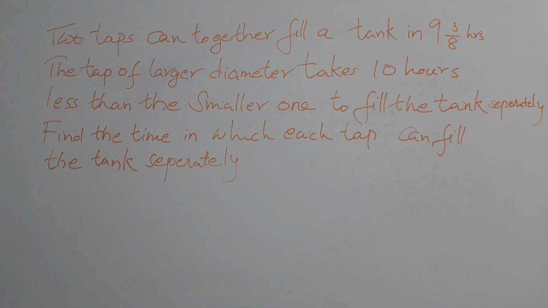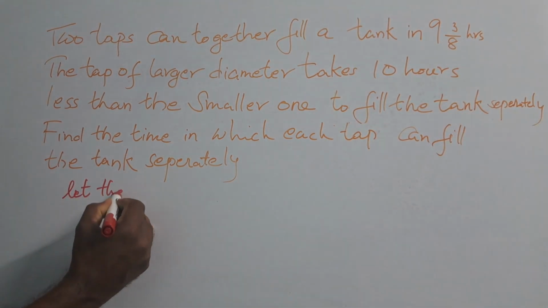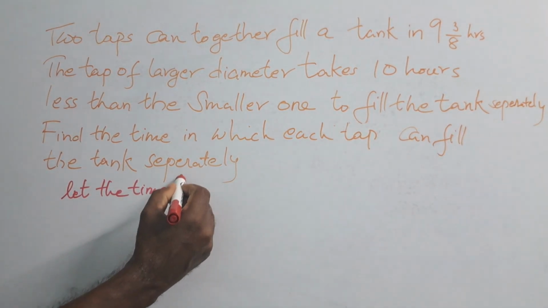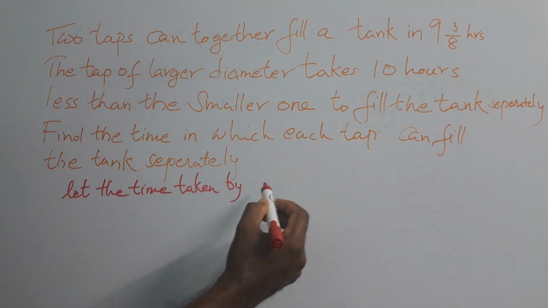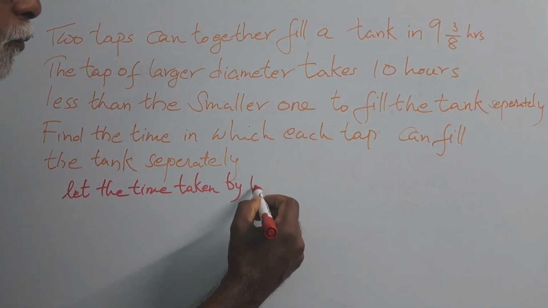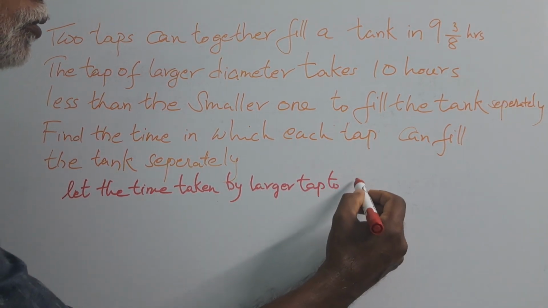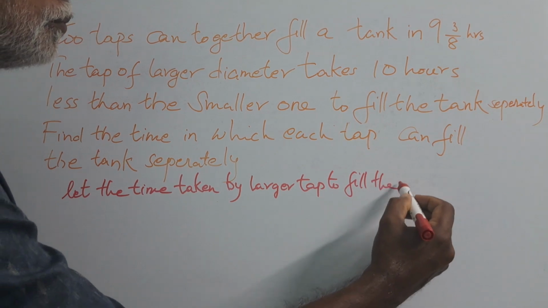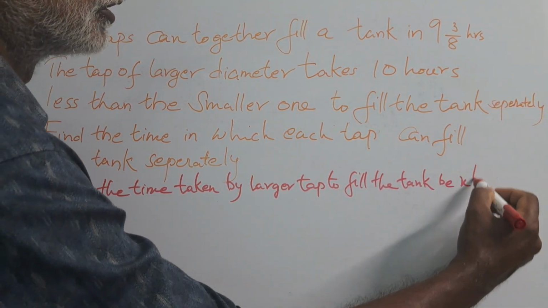As you know, the time taken by the larger tap is 10 hours less than the smaller one. Let the time taken by the larger tap to fill the tank be x hours.